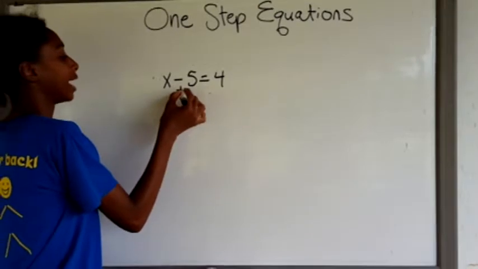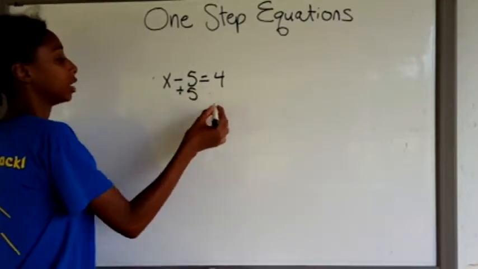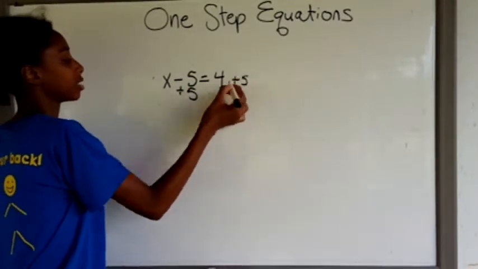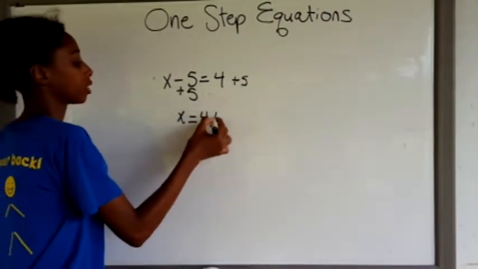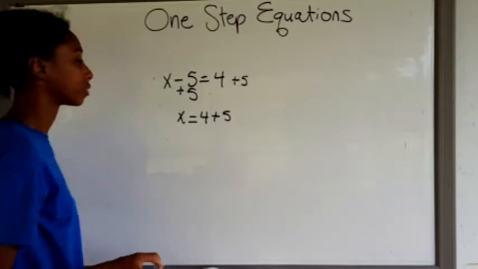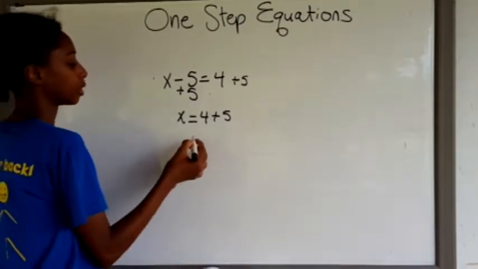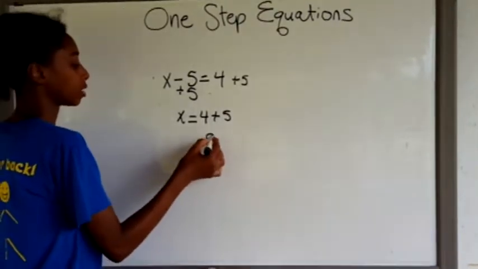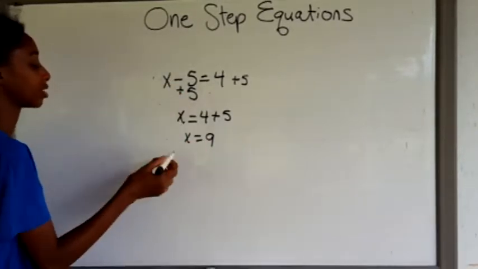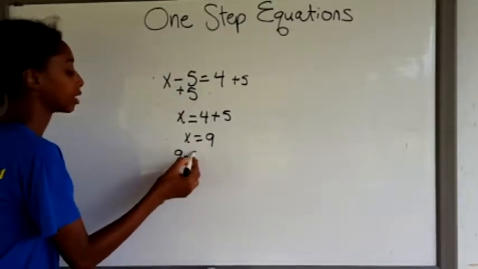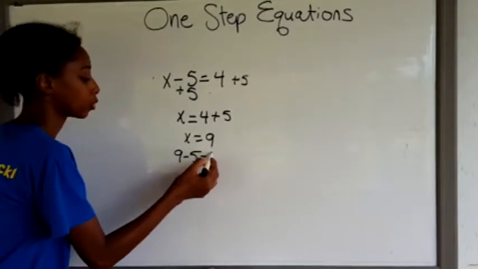And so we're going to add 5, and then we add 5 on this side, so that leaves us with x equals 4 plus 5. All right, so 4 plus 5 is 9, so x equals 9. Again, plug it into your equation. 9 minus 5 does equal 4.